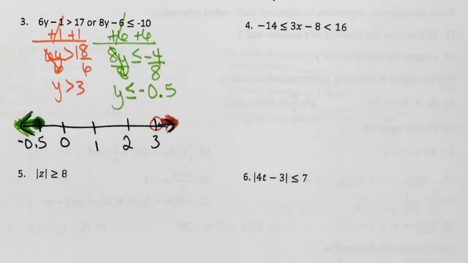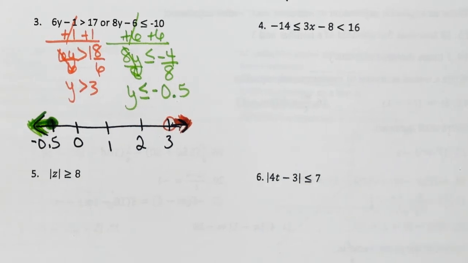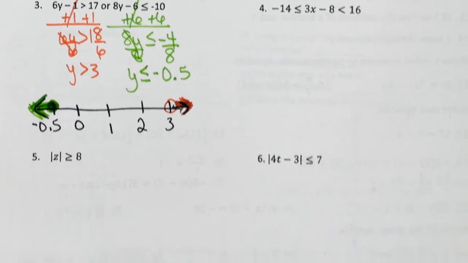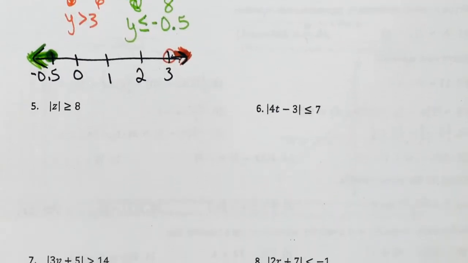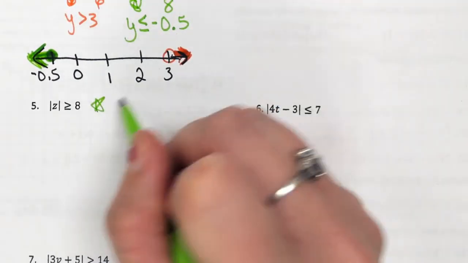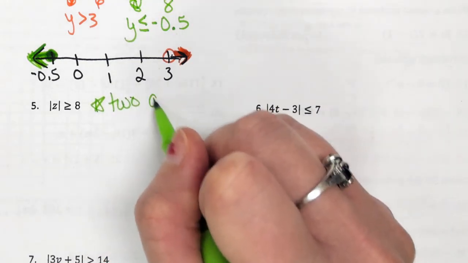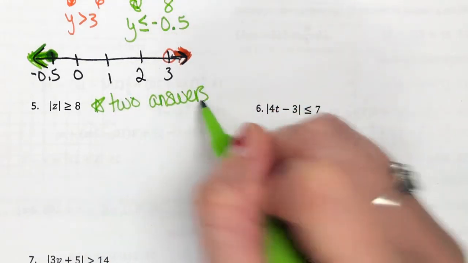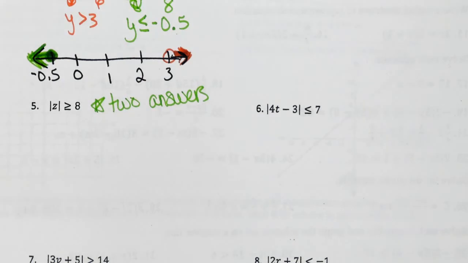Let's do number 5. Number 5 is different. What do you notice about number 5? It's absolute values. And how many answers do you get with absolute values? 2 answers. Okay, so here's what I want you to do. Let's think back.